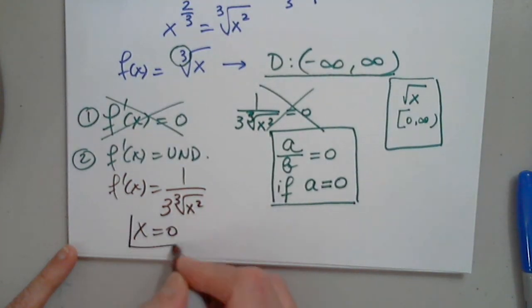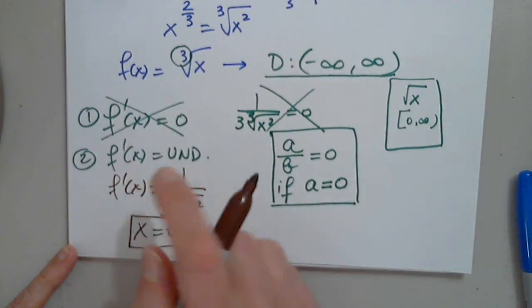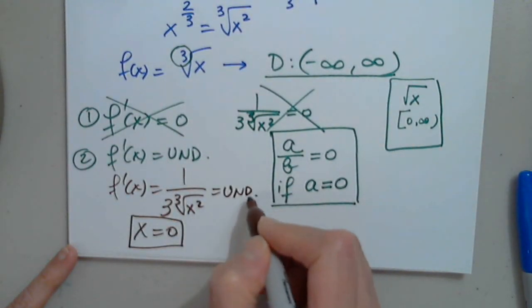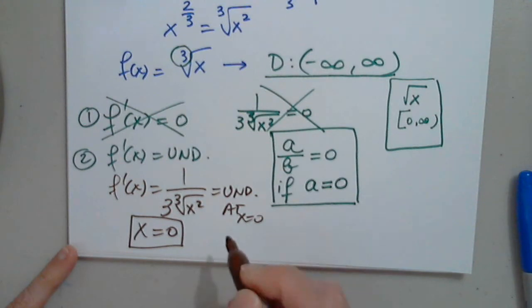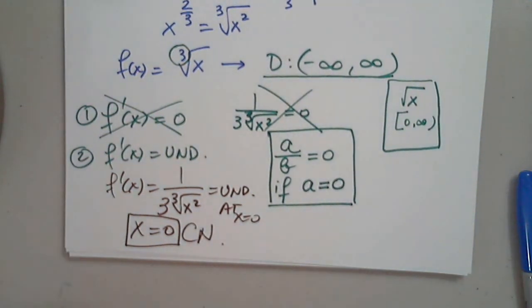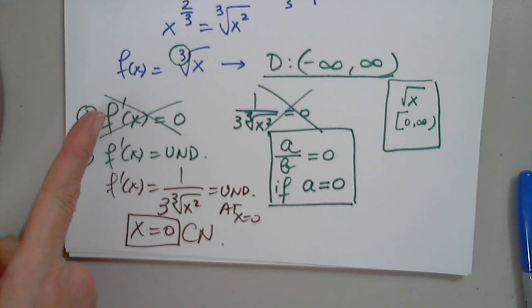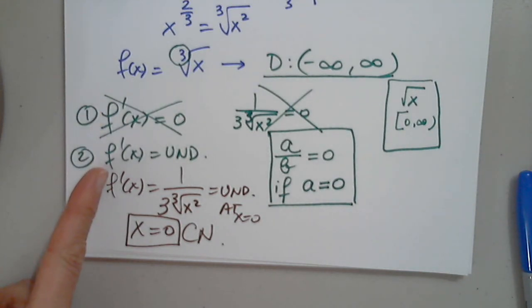When x equals 0, f prime will be undefined, so this becomes a critical number. Will it change into a max min? No, because this is always positive. It will not, but it's a critical number. And it does not come from f prime being 0, but it comes from f prime being undefined.